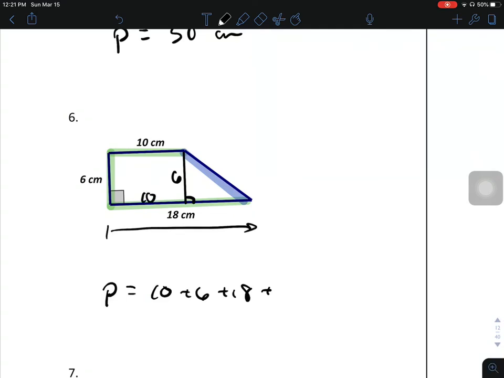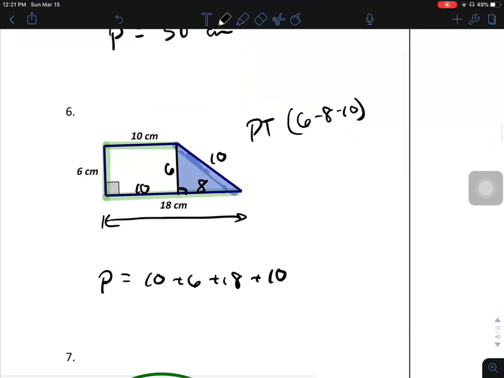If this whole thing is 18, and you've got 10 here, if you subtract 10 from 18, it's going to make this 8. So now we are looking at this right triangle. We know 2 sides, we don't know the third. We could use the Pythagorean theorem, or if you recognize the Pythagorean triple, 6, 8, 10 makes this third side 10. Third side of the triangle, fourth side of this shape. If you add those little fellows together, you're going to get the perimeter is 44 centimeters.